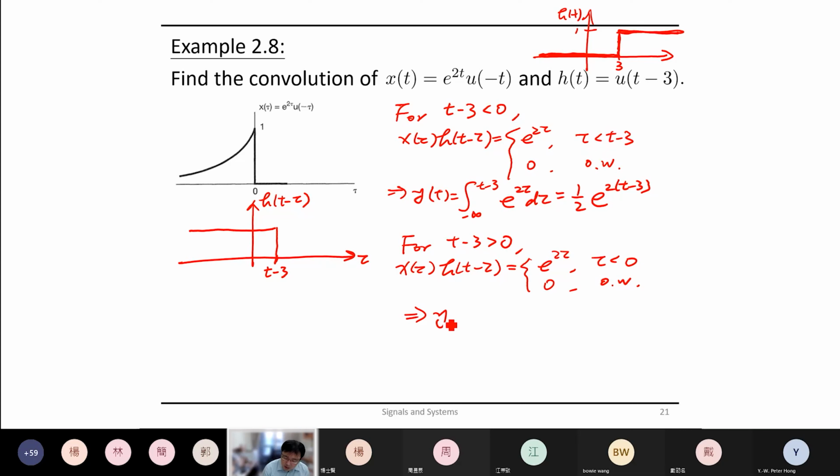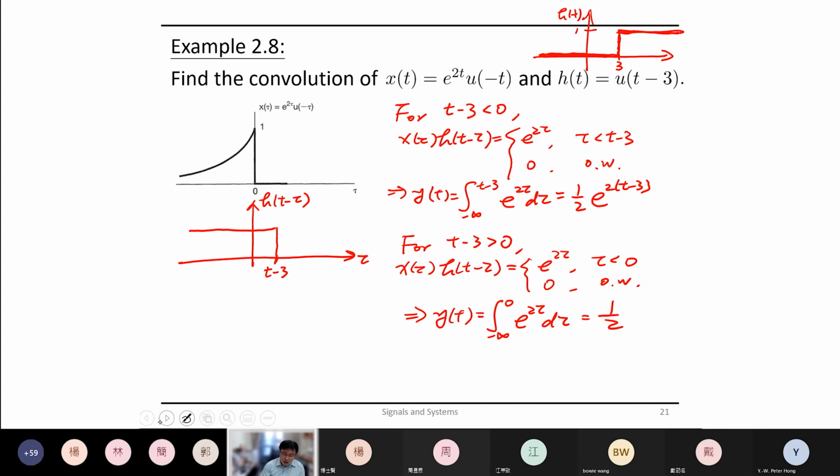So if you take the integral from -infinity up to 0 of e to the 2 tau d tau, this is just 1/2. Okay. So for t -3 that is greater than 0, no matter where this position t -3 is, we're always integrating over the entire x of tau. So you get a constant there.